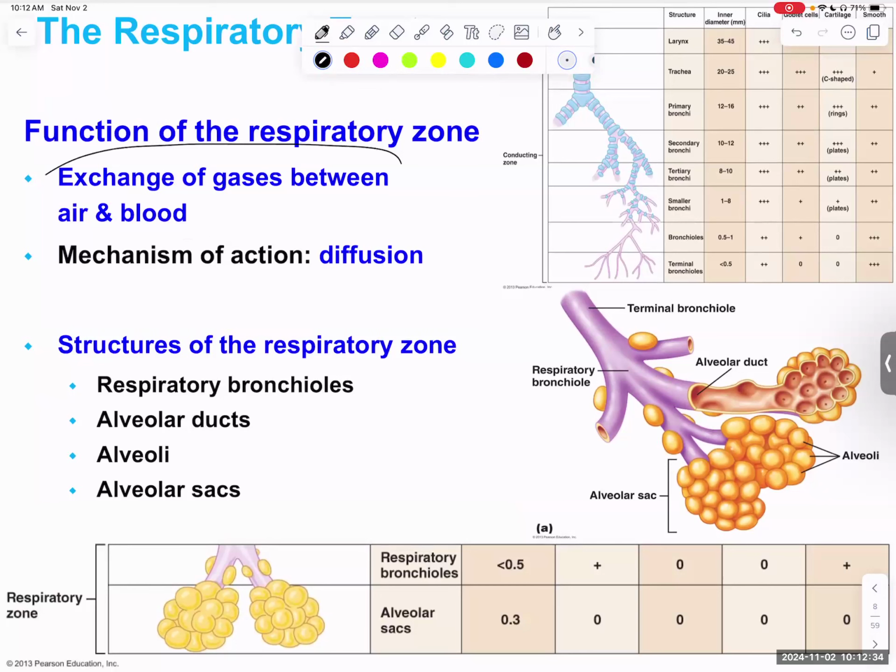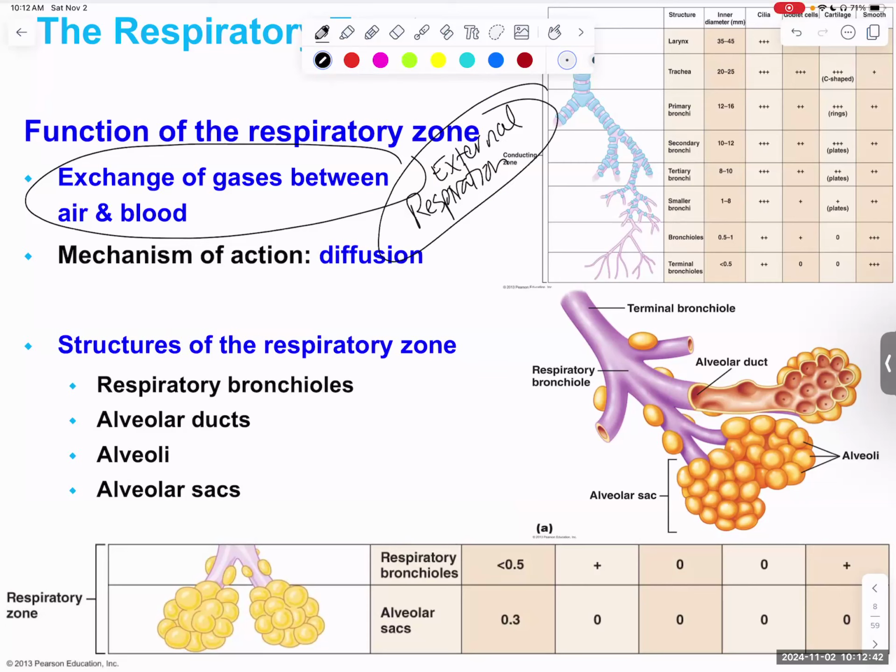Respiratory zone is where we have respiration or gas exchange, and it's external respiration. Gases are going to diffuse via their own partial pressure gradient. So you have the partial pressure of oxygen and the partial pressure of carbon dioxide, and they're going to move from a high to a low, and we're going to talk about that in chapter 17. So this goes through the structures, and you can see air is in here.